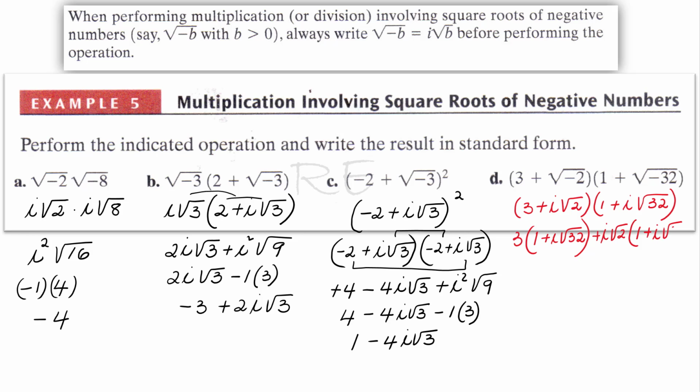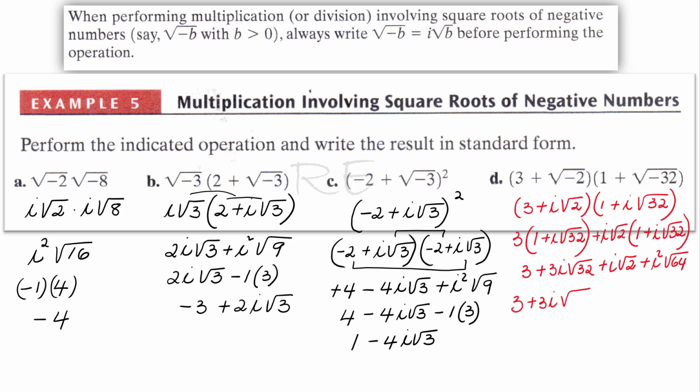And i square root of 2 times 1 plus i square root of 32. 3 times 1 is 3, plus 3i square root of 32, plus i square root of 2 times 1 is i square root of 2, plus i squared, i times i, and 2 times 32 is 64. i squared square root of 64.